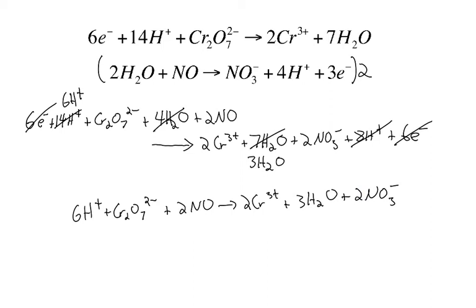And when I look at the total charges, I've got positive 6 minus 2, that's going to leave me with plus 4. And then here I have 2 times 3 is going to be positive 6, but then minus 2, so I've got plus 4. So both the charges and the numbers of atoms are balanced. So my redox reaction has been successfully balanced.